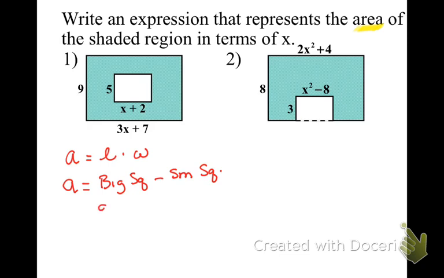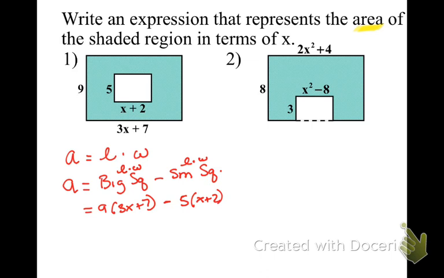So the big square is 9 times 3x plus 7, minus the area of the small square. Really, you're doing length times width and length times width. So for the small square, I'm doing 5 times x plus 2.